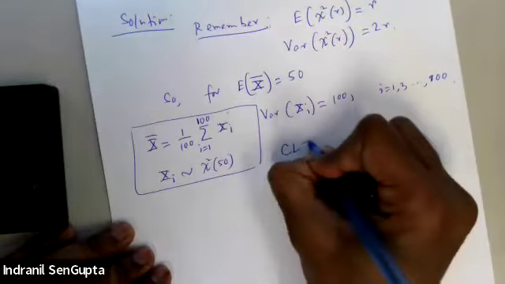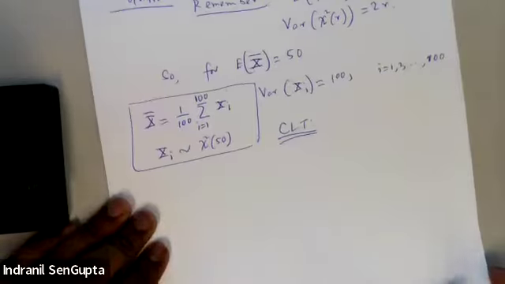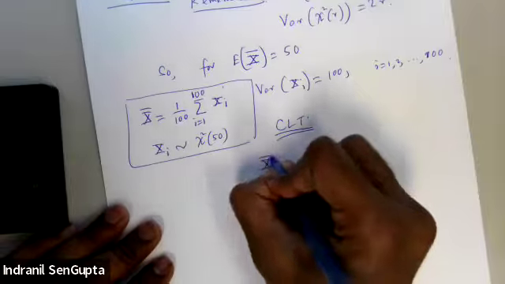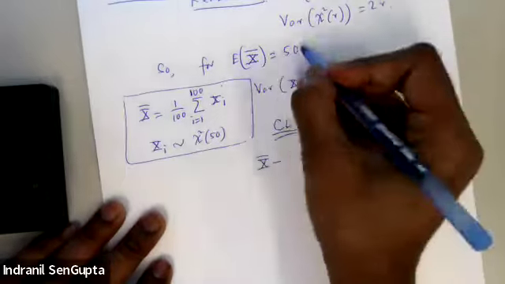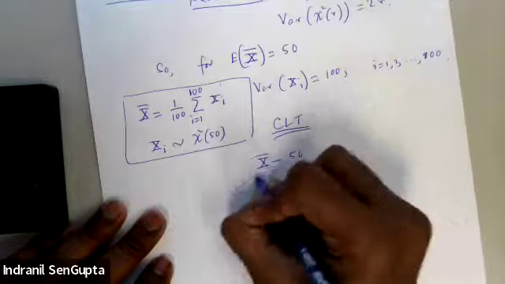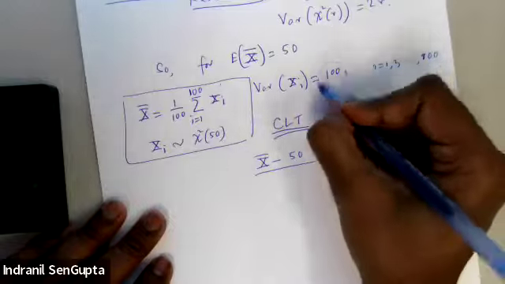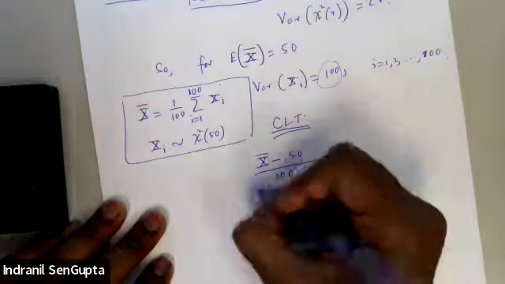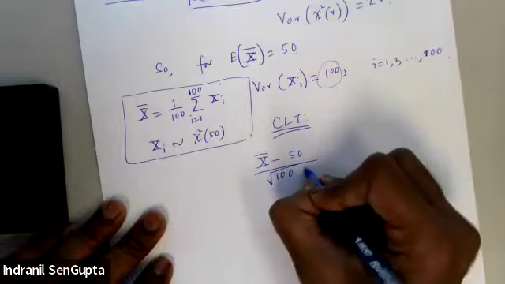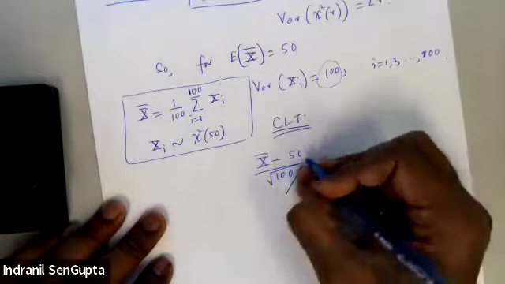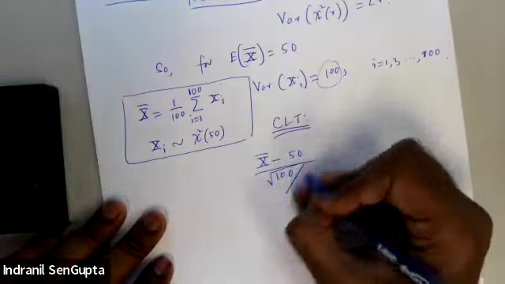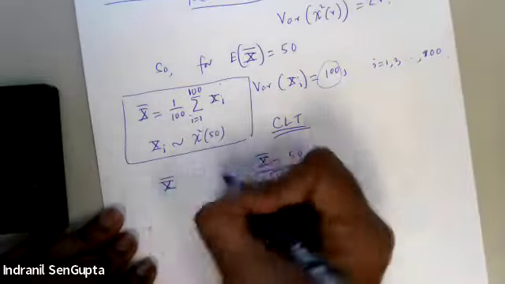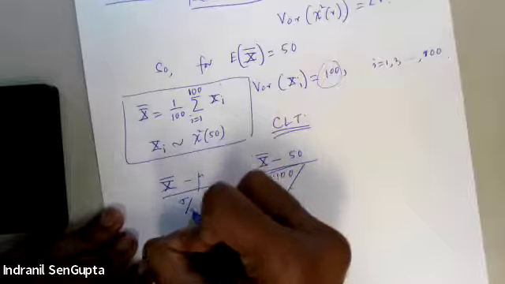If we use the central limit theorem, we can write x bar minus its expected value, that is 50, over the square root of the variance of the individual ones, 100, over square root of n, which is 100. So I'm trying to write X bar minus mu over sigma over square root of n.